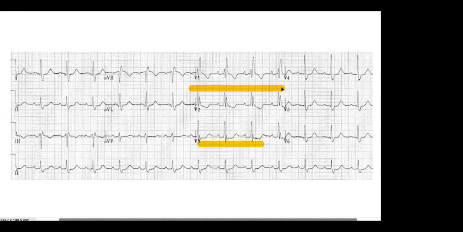Just by looking at these first 3 leads, can you guess where the axis of the heart points? The first lead is positive, the second is positive, and the third one is negative. What kind of axis deviation do we have here?